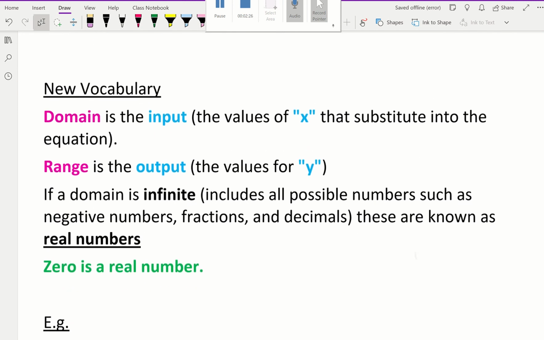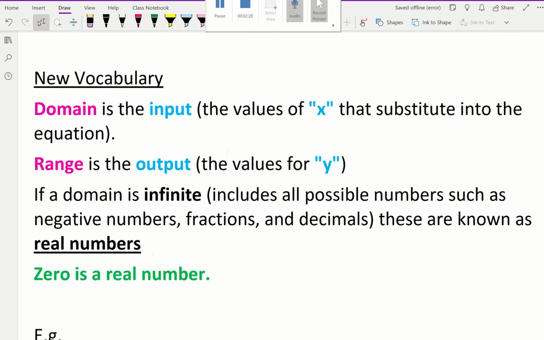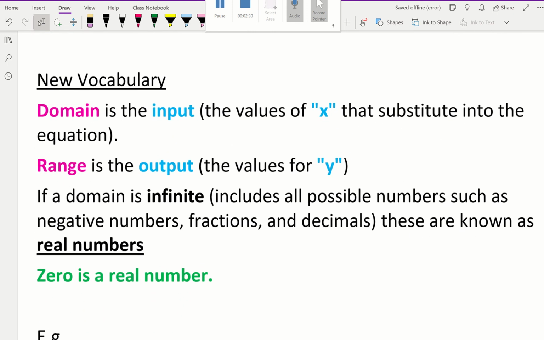Some more vocabulary. So the domain is a different word for input. It's the values of x that you substitute into an equation. The range is the output, the values for y. Don't get confused that the range is the highest take away the smallest.